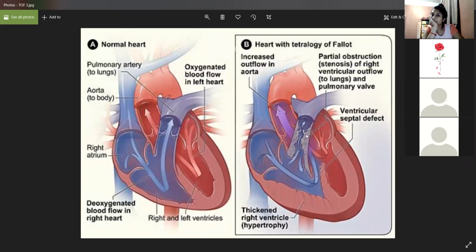Overriding of aorta means that the aorta, especially the ascending part of the aorta up to the arch, because of the ventricular septal defect, gets shifted towards the right side of the chest, and it looks as if it is sitting over the defect instead of sitting over the left ventricle.